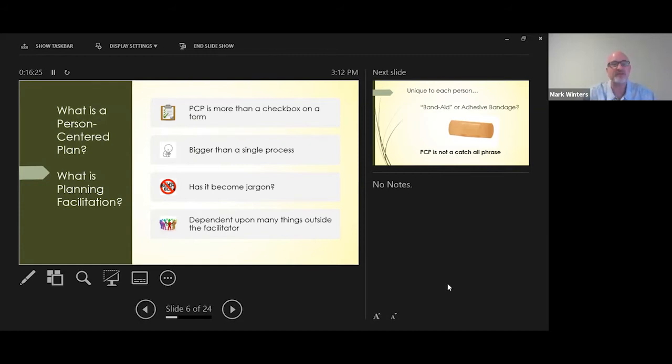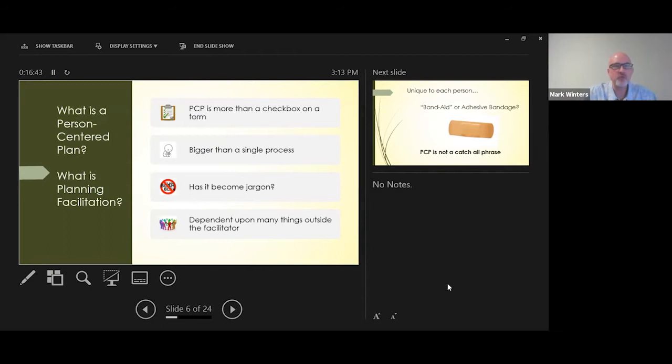It can be too easy to just toss out the term person-centered or person-centered planning or student-centered and not pay attention to the focus that we need to have on what that really means for the person.